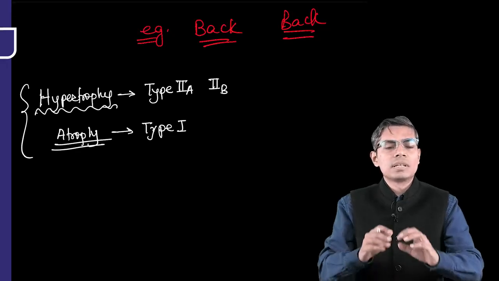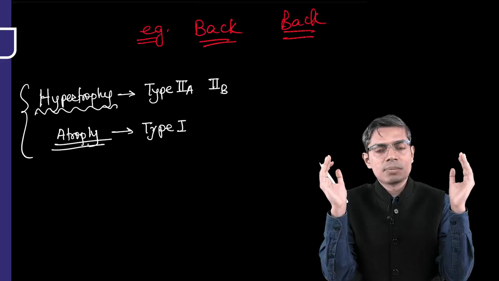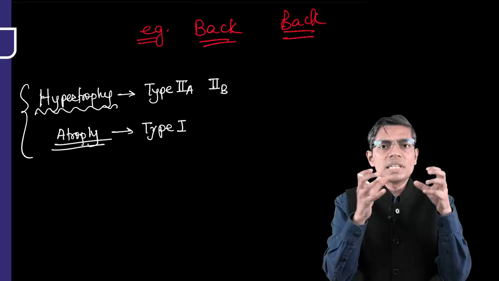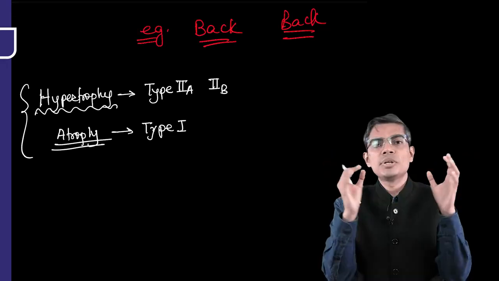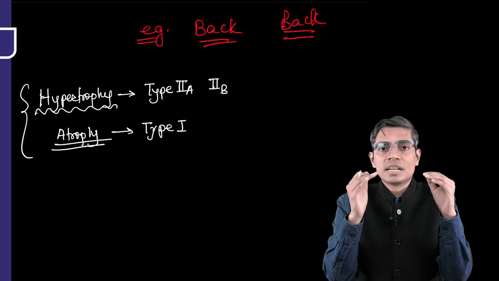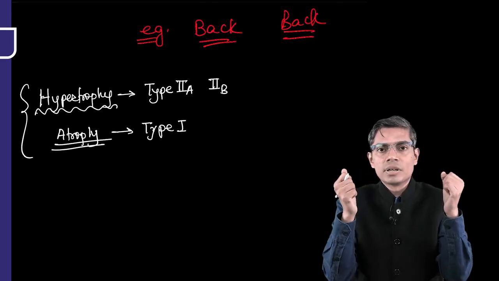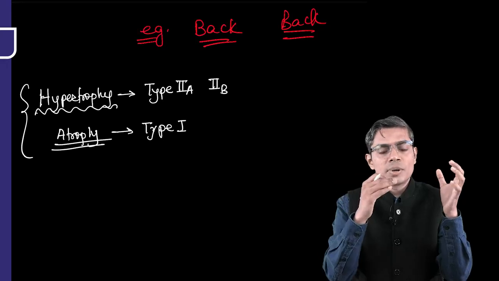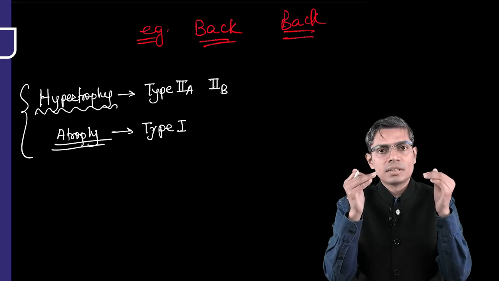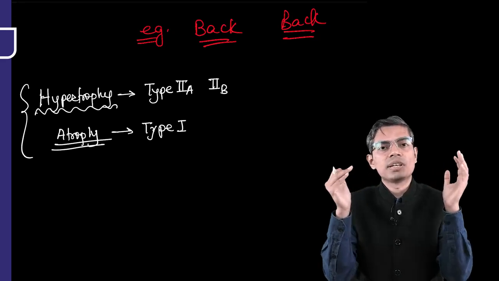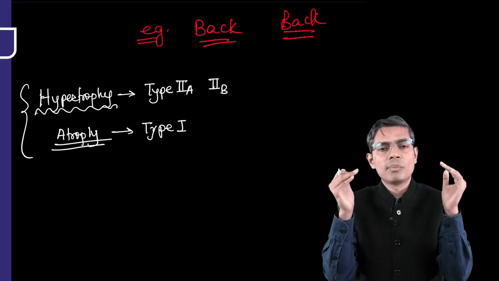Please note down that every skeletal muscle in your body is a combination of red fiber as well as white fiber. Pure red, pure white muscle fiber is generally not present. But whenever you are doing exercise, hypertrophy dominantly affects the type 2 fiber and atrophy dominantly affects the type 1 fiber. This is all about motor unit and applied aspect.